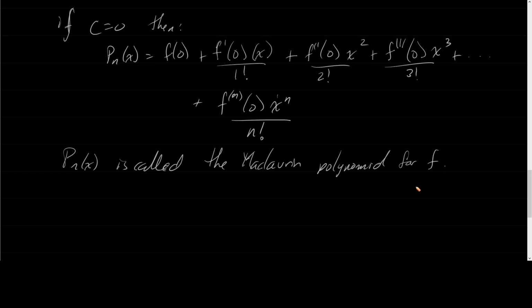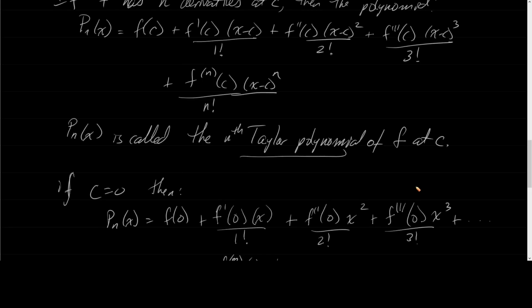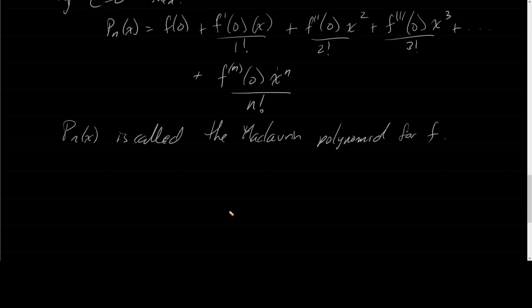And essentially here, what I want you to notice is the difference between these two polynomials, these definitions. The only difference is that wherever I have c up here, I have a 0 down here. So what we can say is that a Maclaurin polynomial is a Taylor polynomial centered at 0. Alright? A Maclaurin polynomial is a Taylor polynomial centered at 0.